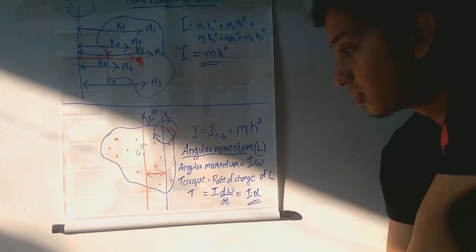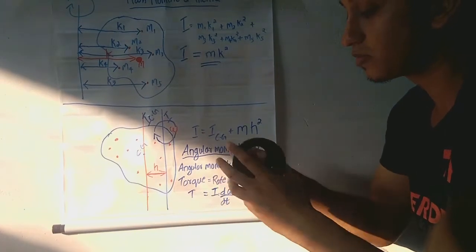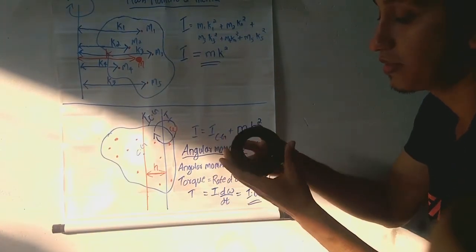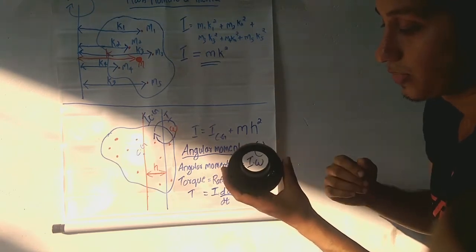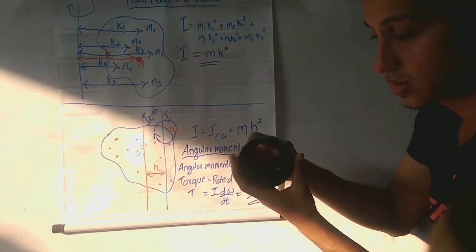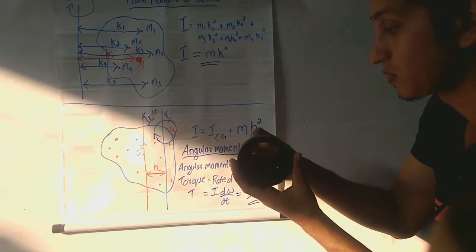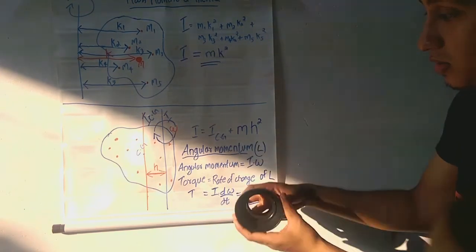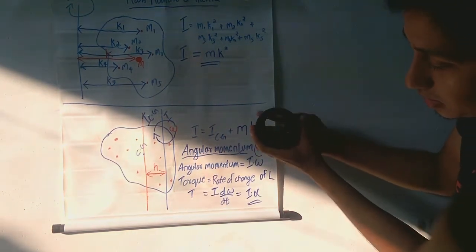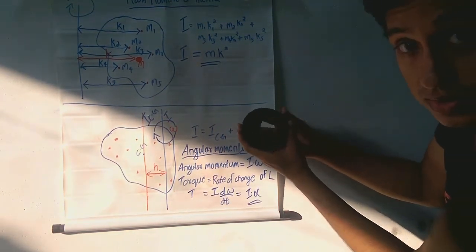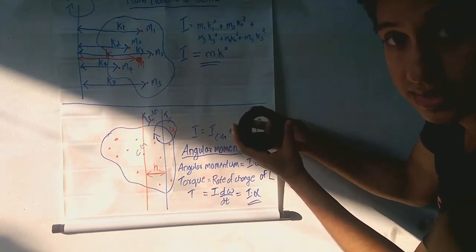Say this body is in rotation like this, say this is a car wheel, being rotated at this angular velocity. Now I need to increase its angular velocity. For that, I need to apply some angular acceleration, right?